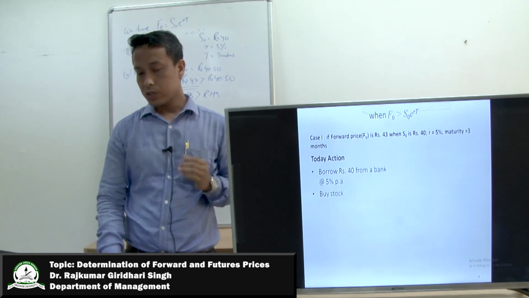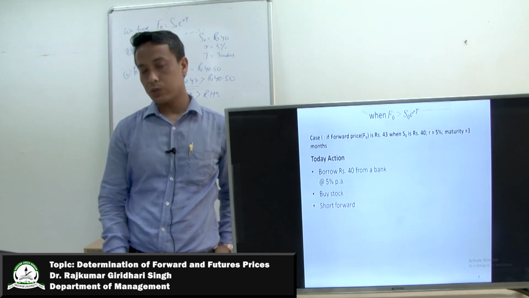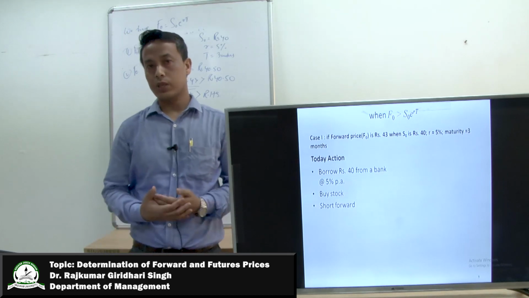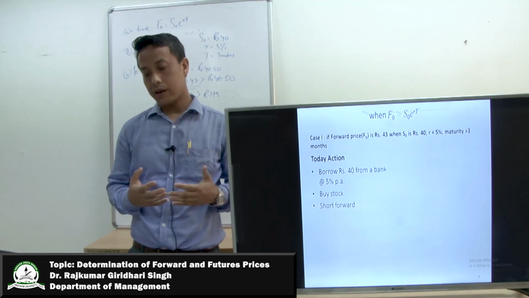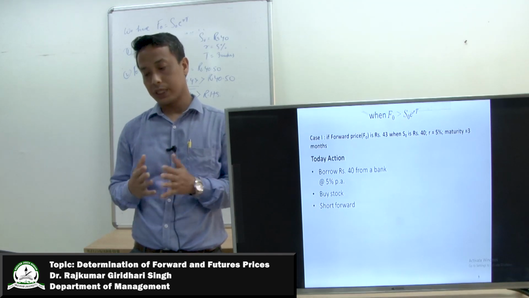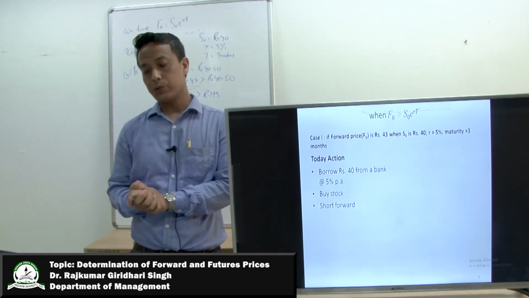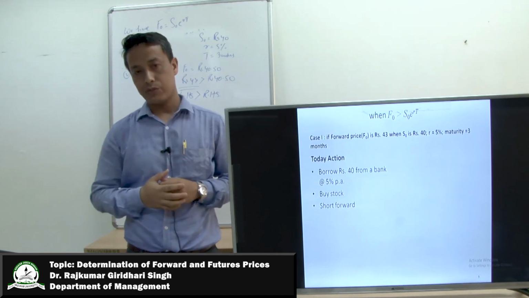Now in order to assure ourselves, we have to have a contract. What sort of contract? We can do a short forward contract. A short forward contract, as we already know, assures you that you have a right to sell at the time of maturity. In this case, at the end of 3 months, we will be able to sell this stock at a particular price, in this case 43 rupees.